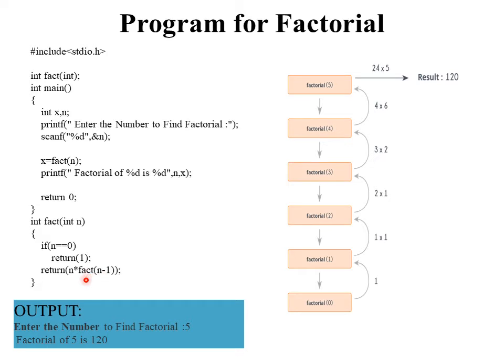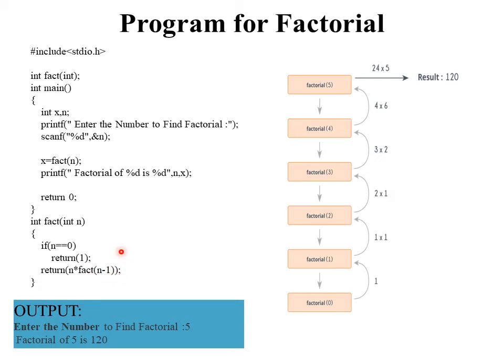Now this fact function calls itself, which means we check again if n is equal to 0. Now the value of n is 4, so this condition is false. So now we jump to this statement, 4 into fact of 4 minus 1, which is 3.